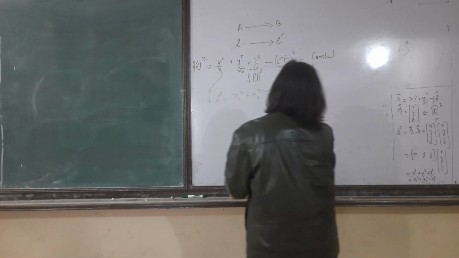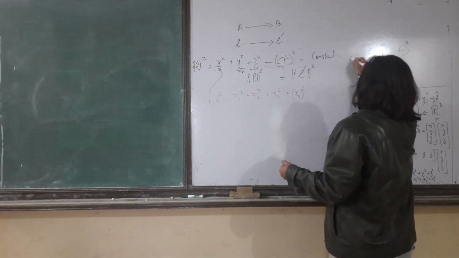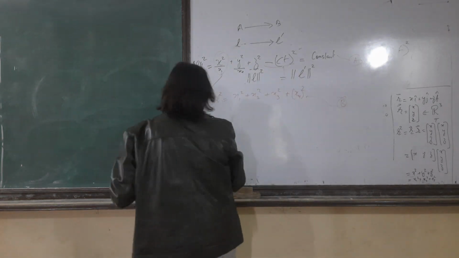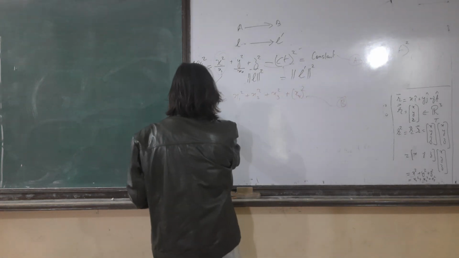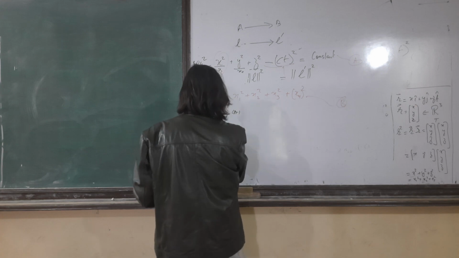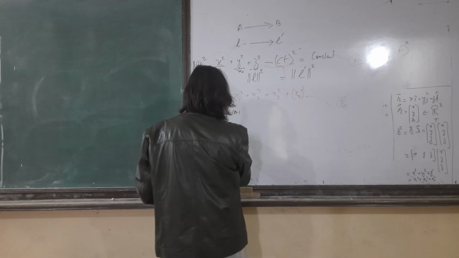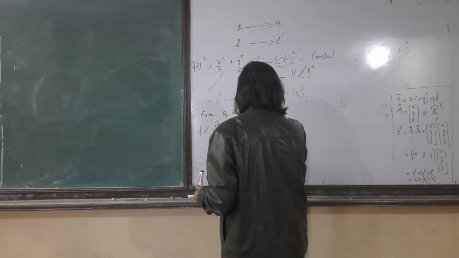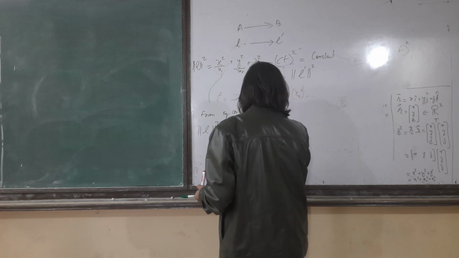If I consider that this is equation A and this is equation B, from equation A, x, y, z minus ct.